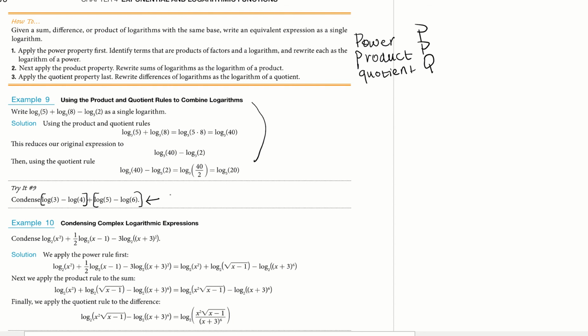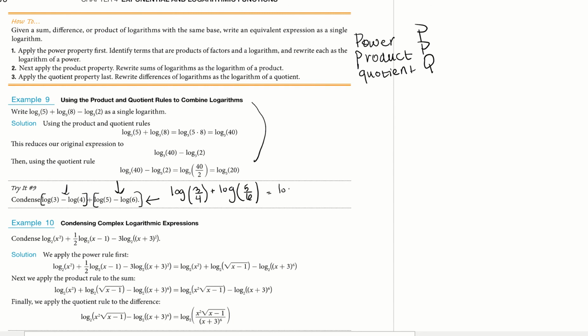So we will have, I'm going to now identify the quotient. These are quotients. So I'm going to have log 3 divided by 4 plus log 5 divided by 6.